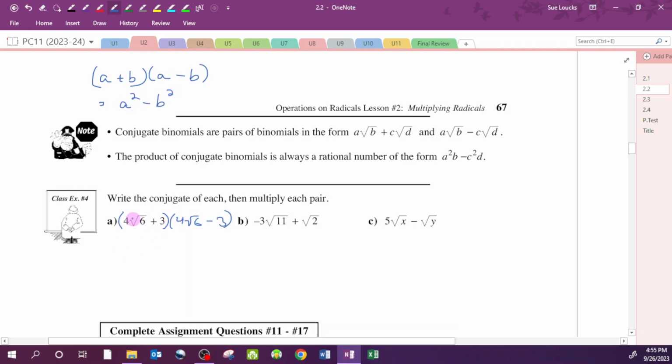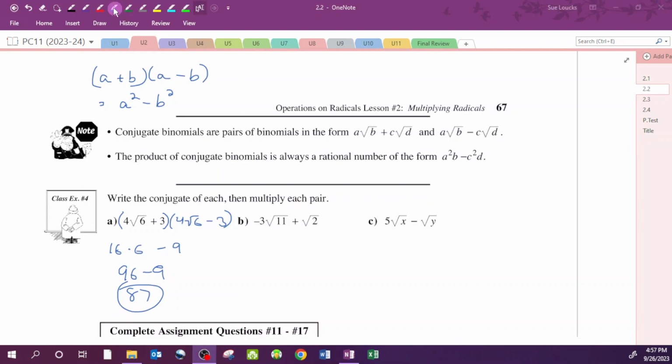So it's going to be 4 root 6 times 4 root 6, which is 16 times 6, minus 3 times 3, which is 9. 16 times 6 is 96. So 96 minus 9, which is 87. That's what that equals.